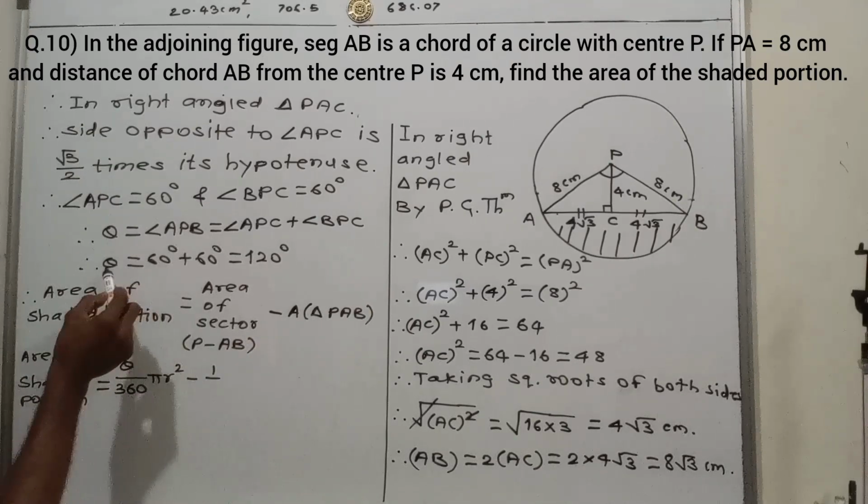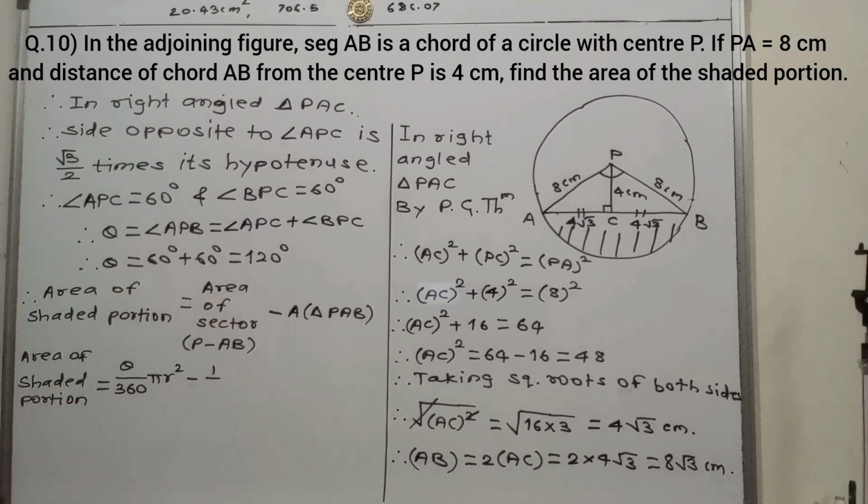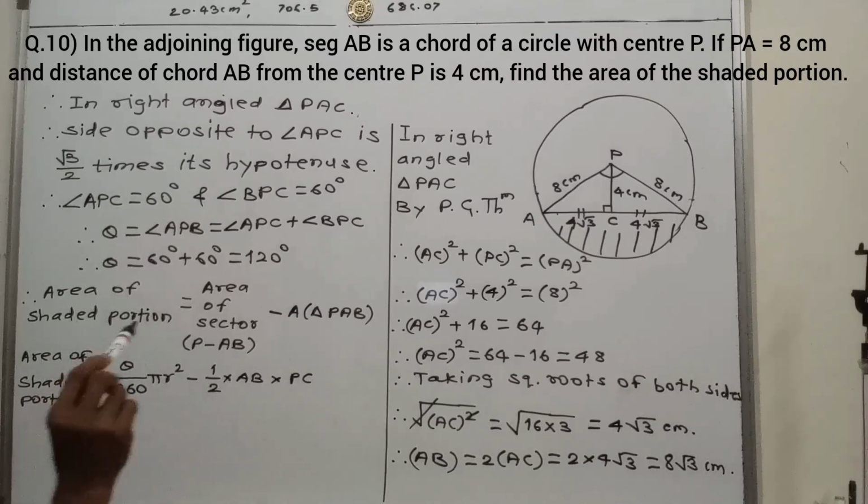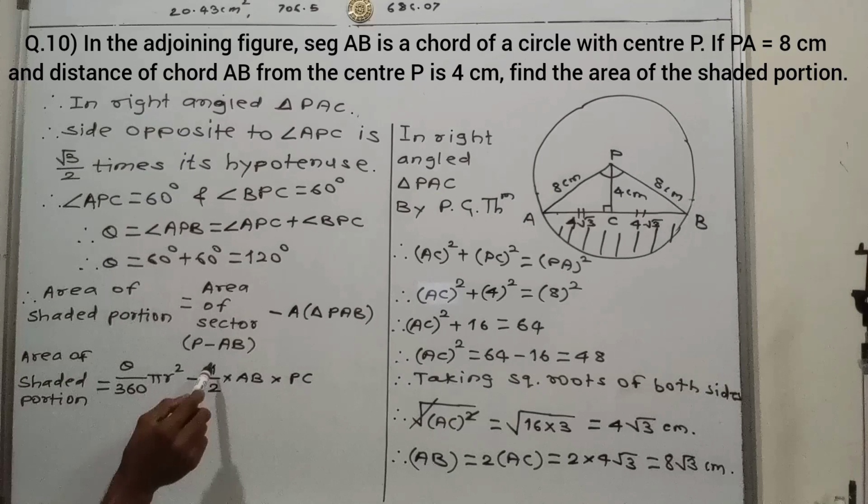Here theta is bigger than 90 degree, then use this formula 1 upon 2 into base into height. What is base? Base into height. What is height? PC. Base into height when theta is bigger than 90 degree. Otherwise we use here 1 upon 2 r square sin theta.